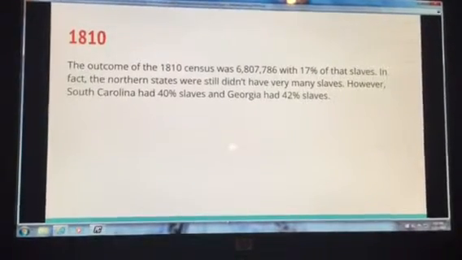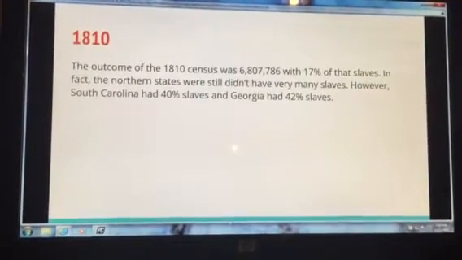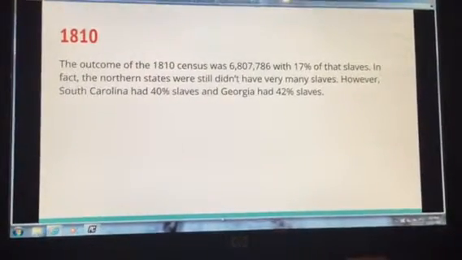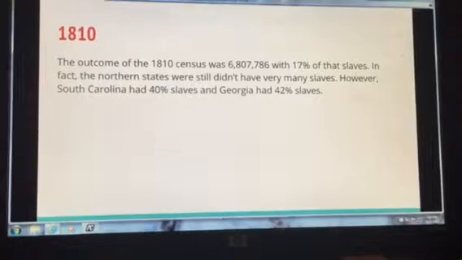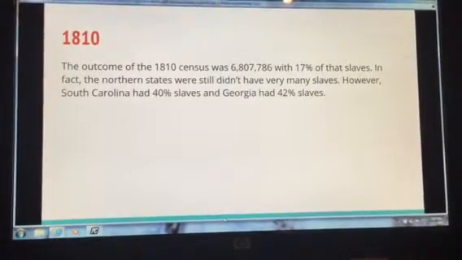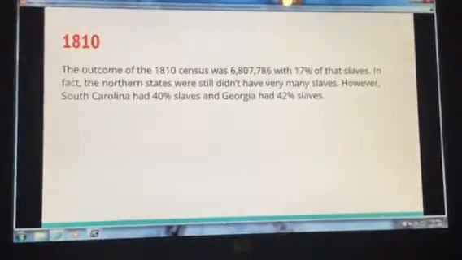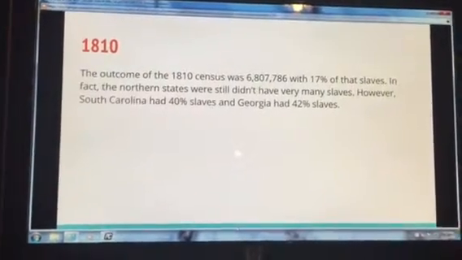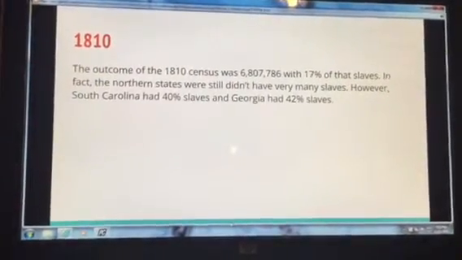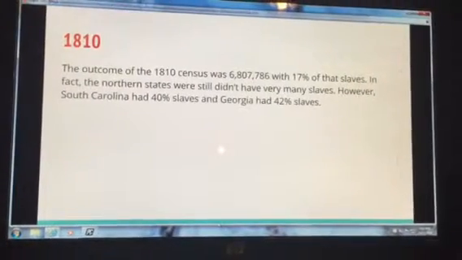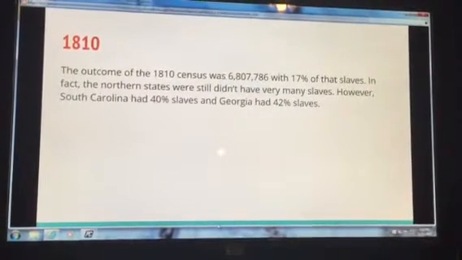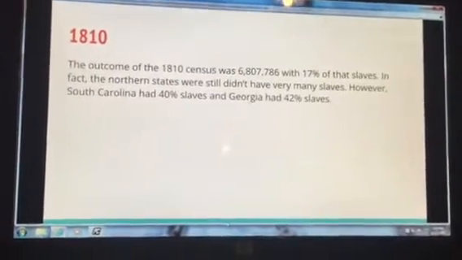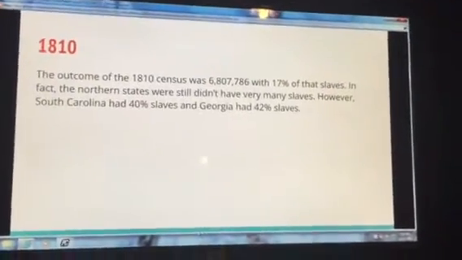The outcome of the 1810 census was 6,807,786, with 17% of that slaves. In fact, the northern states didn't have many slaves. However, South Carolina had 40% slaves and Virginia had 42% slaves.